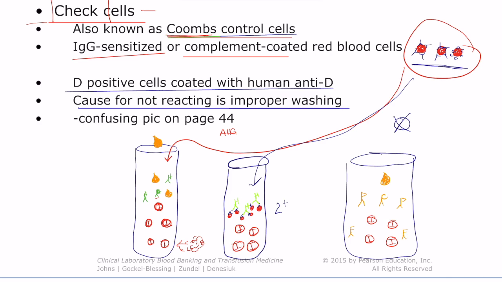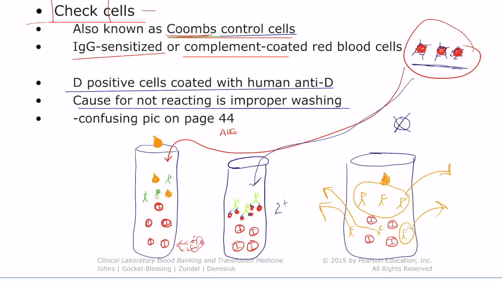We have a lot of them floating around in our plasma. Now, we incubated this and we are supposed to wash. When we go through the washing step, that would essentially remove all of these and they would go away. They wouldn't be in here at all. That's what happens in a proper washing protocol.